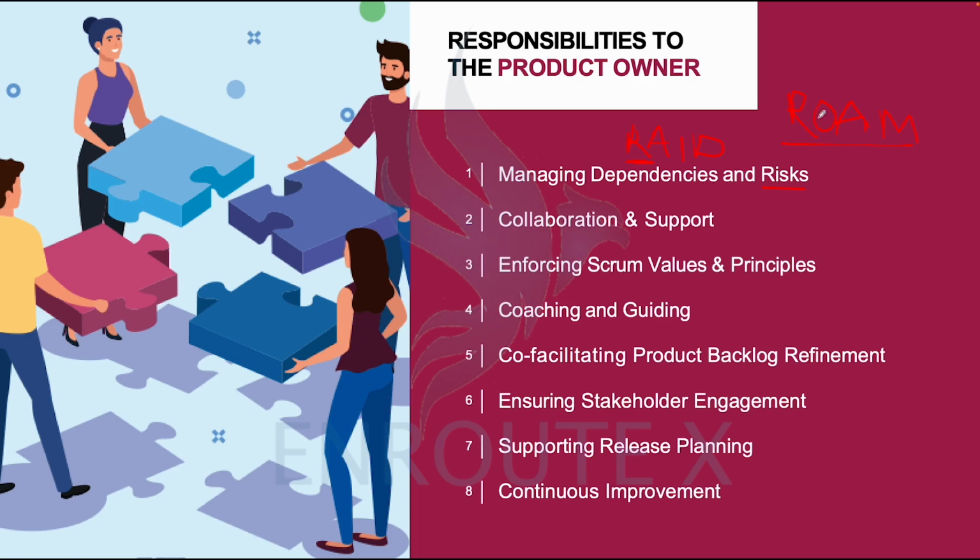The difference between owning a risk and accepting a risk: owning means that risk that needs to be dealt with would now be assigned to someone who will own the risk.